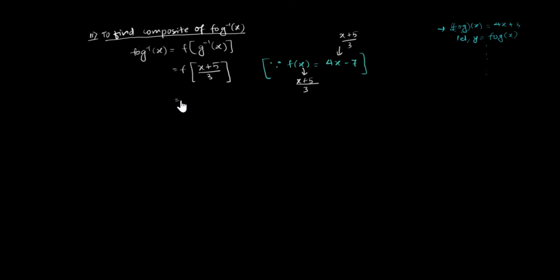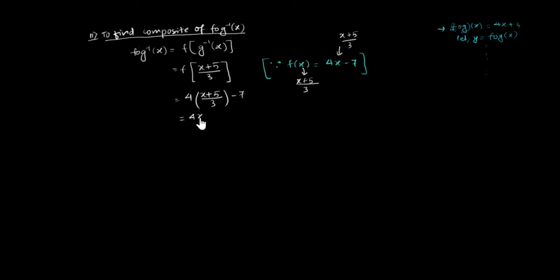So it will be something like this: 4 times, in this x, I am going to replace (x plus 5) by 3, minus 7, and let's simplify it further.